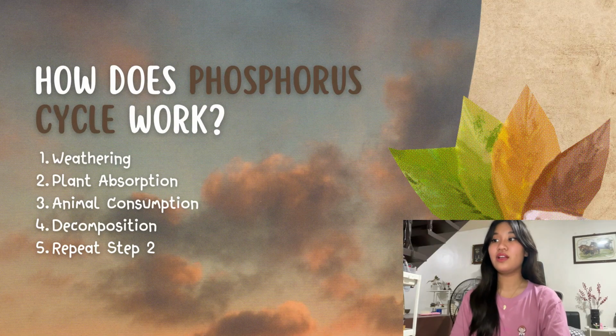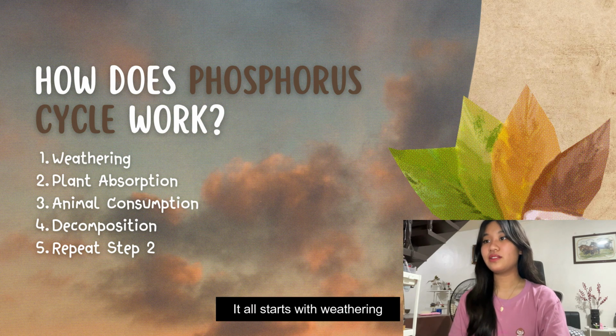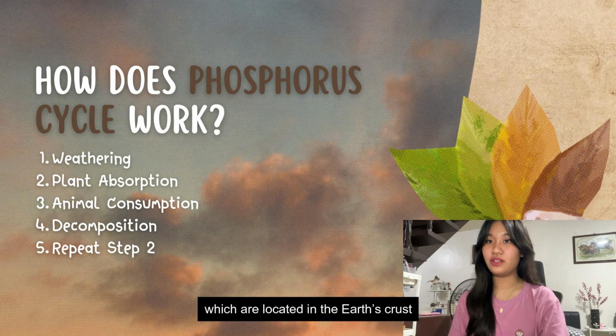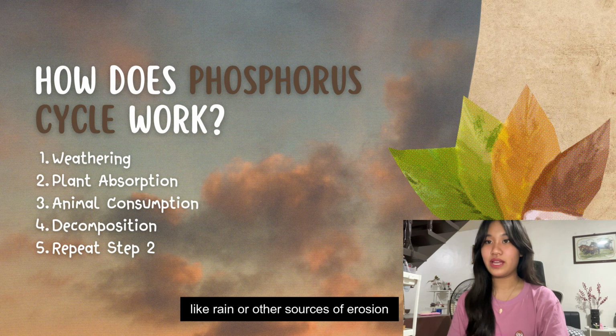Thank you, Danielle. So, how does the phosphorus cycle work? It all starts with weathering. Since the reservoir, or the main source of phosphorus, is found on rocks, which are located in the Earth's crust, phosphorus is extracted from those through weather events, like rain or other sources of erosion.